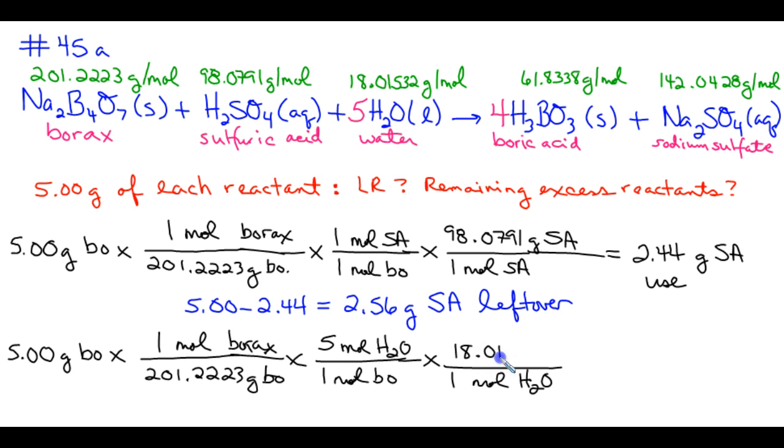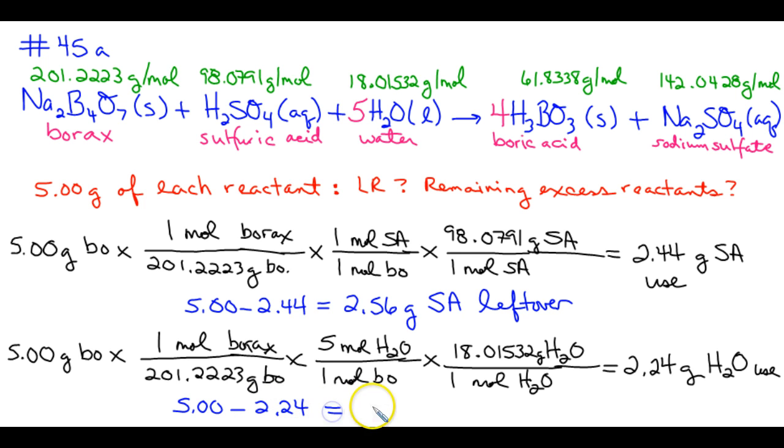And molar mass 18.01532 grams. Alright, so that says that we are going to use 2.24 grams of H2O. But to get the leftover, again, we need to subtract because we had 5 grams, so 5 minus 2.24 gives you 2.76 grams of H2O left over. Okay, so we've answered both questions in the text.